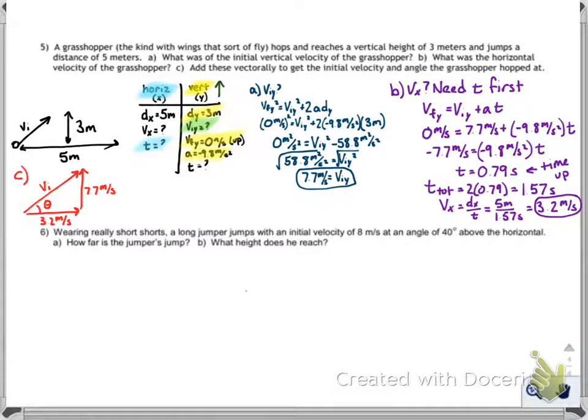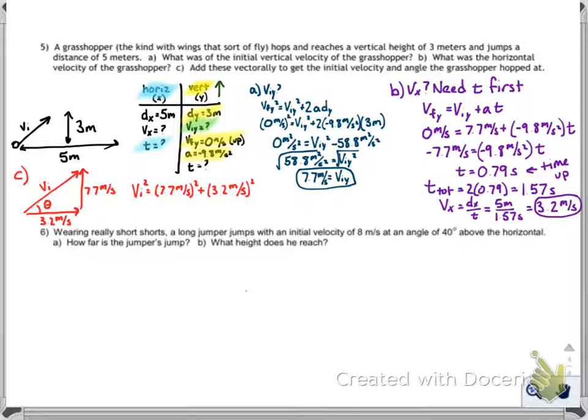Now don't get confused by the vocabulary used here. All you're doing is looking at this triangle and finding that hypotenuse value, so the initial velocity here. To do that, I use the Pythagorean theorem. So here I've written it c squared equals a squared plus b squared.